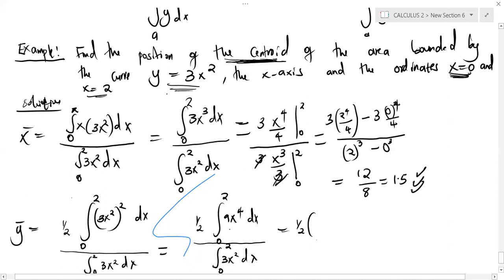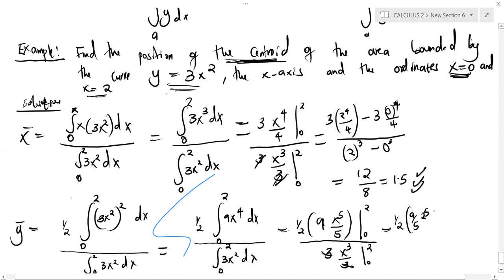Okay, here we have a half integrating 9x raised to power 4. That will give 9x raised to power 5 over 5, and the range is from 0 to 2. All this divided by integrating the lower side, we have 3x cubed over 3, and the range is from 0 to 2. So this can cancel with this. Replacing the values, I have a half into 9 over 5, 2 raised to power 5, minus, replacing with 0, a half 9, 0 raised to power 5 over 5, which will obviously be 0.